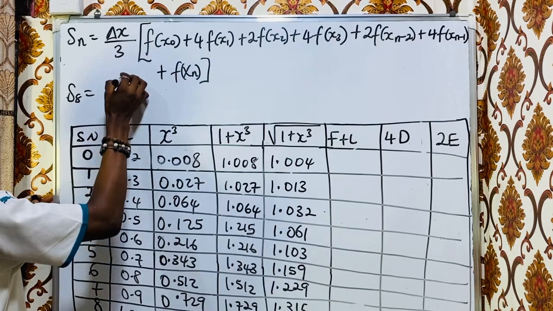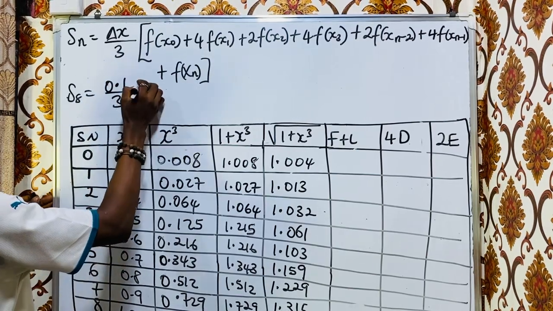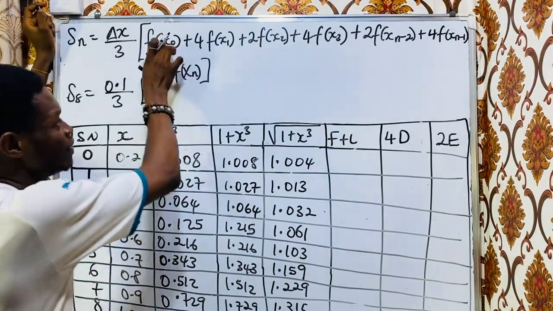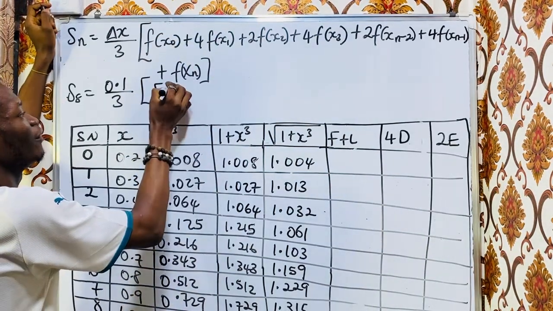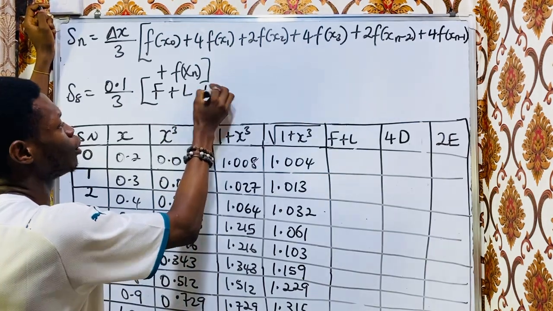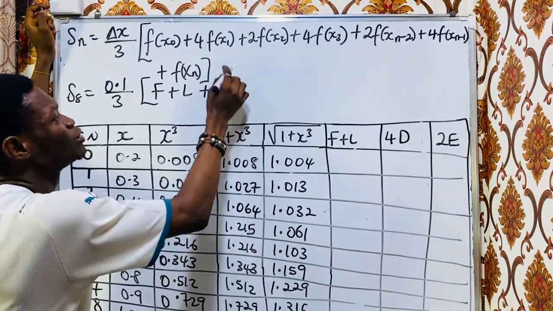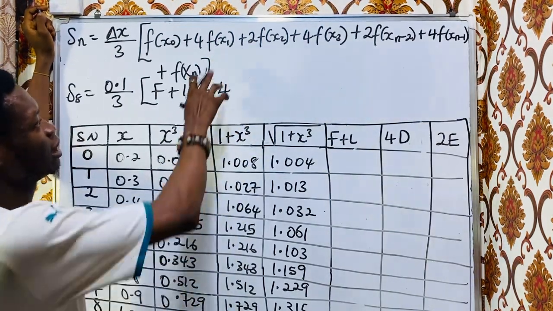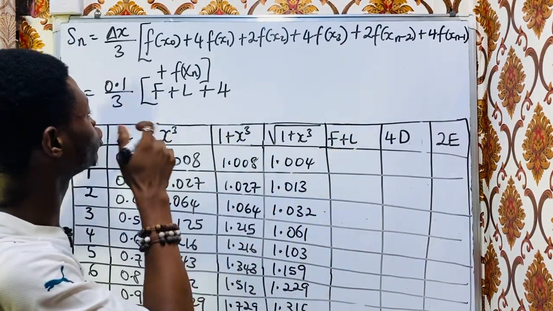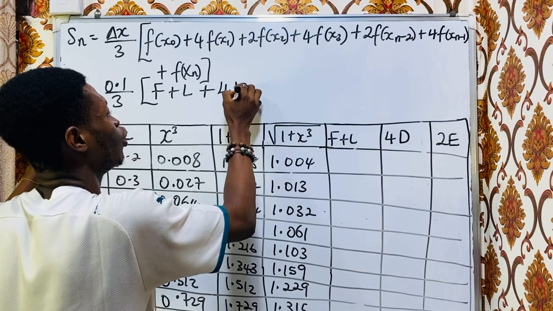So we have 0.1 all over 3. Then times, as you can see, this one is the first term and the last term. So we have first term plus last term. Then plus, do you see that 4 is multiplying all odd numbers? x1 is odd, x3 is odd. So it will be 4 times all odd numbers.